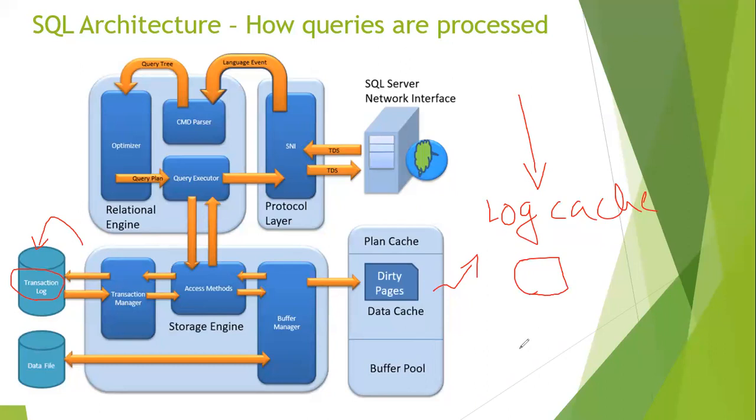The same concept that we were talking about with network packets, right? If it is full, it will write to the transaction log file. The entire log cache data will be written to the transaction log file.